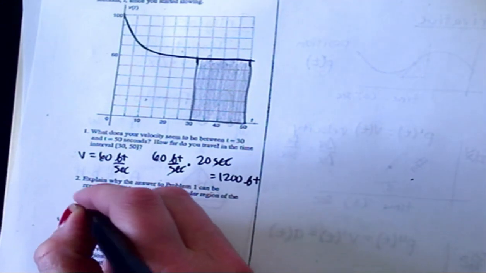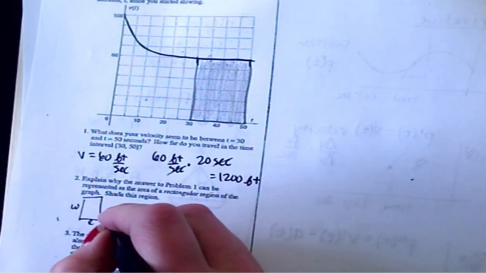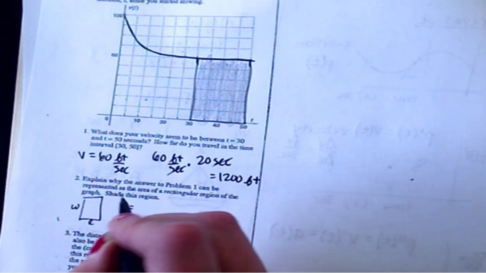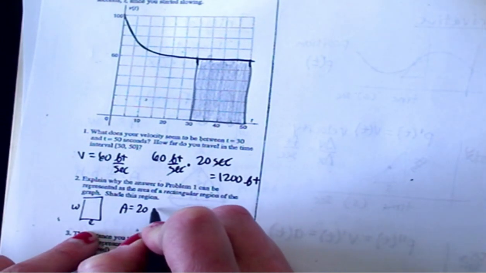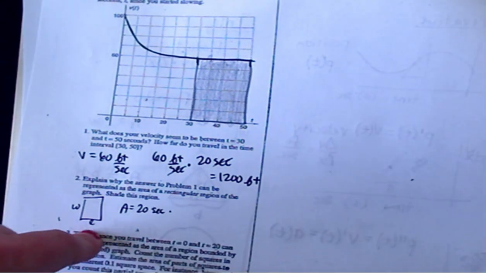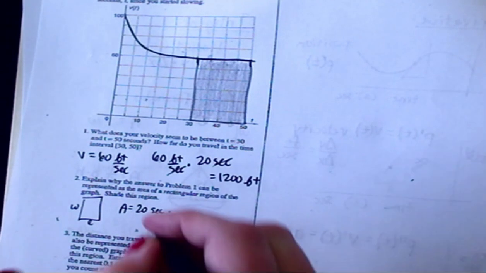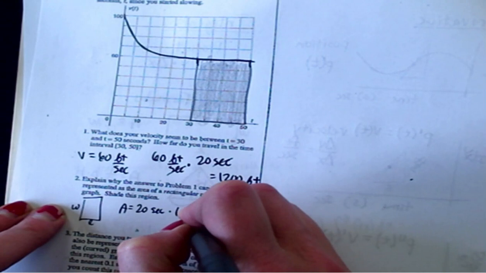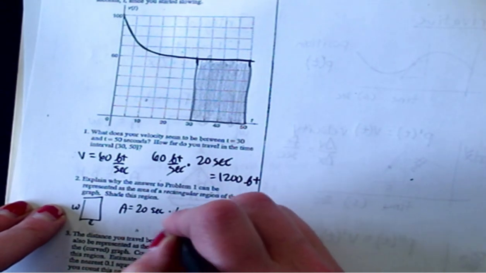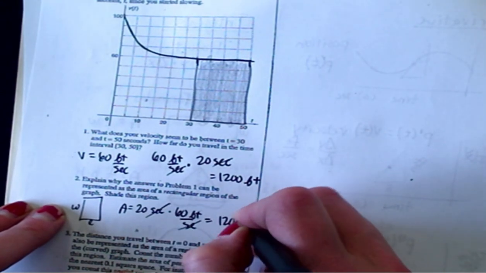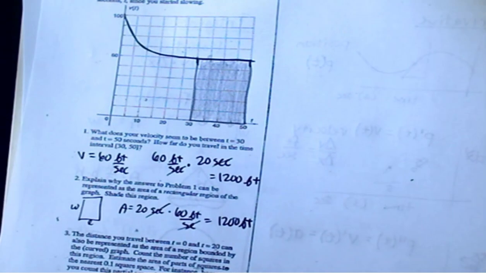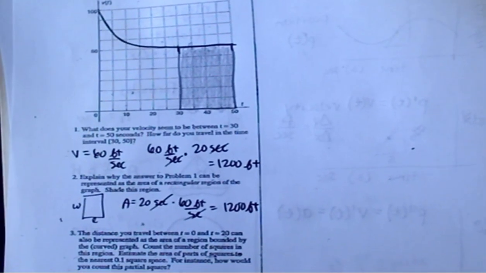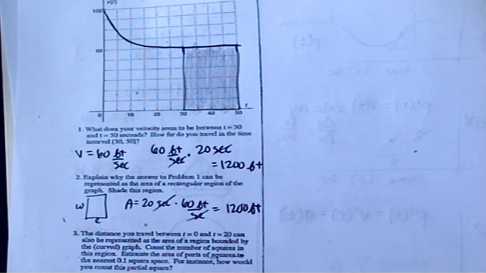Well, I have length times width. The area is 20 seconds, right? You've got to include your units. 20 seconds and 60 feet per second. Still cancels. 1,200 feet. Notice that a product, change in X times change in Y, is the integral quantity.